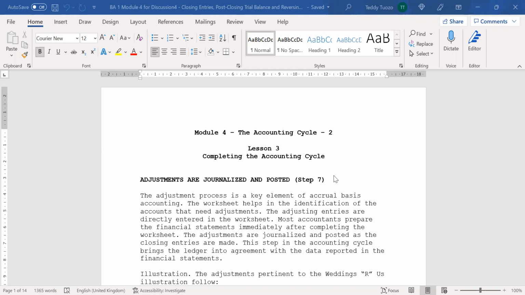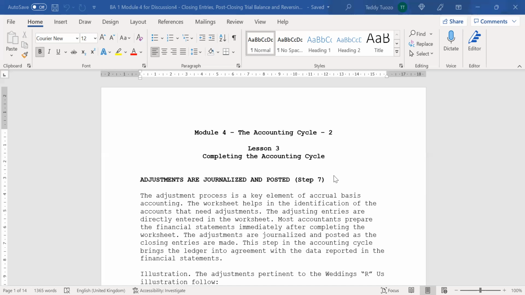In the assignment, I did not require you to formally prepare the adjusting journal entries for the worksheet and the financial statement assignment. Simply because in step number 7, this is the only time that you're going to prepare formal adjusting journal entries, where you have a debit and a credit indented, and you have the explanation, and the amounts are posted on the debit and credit columns.